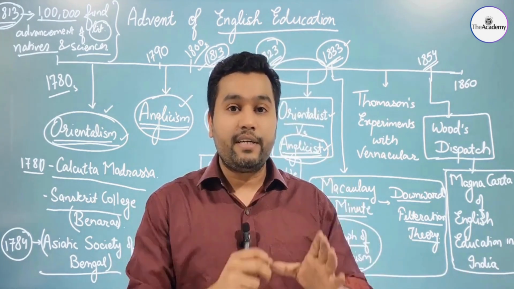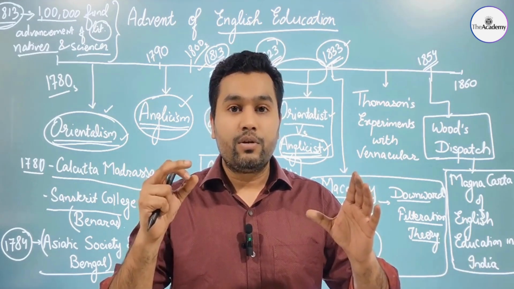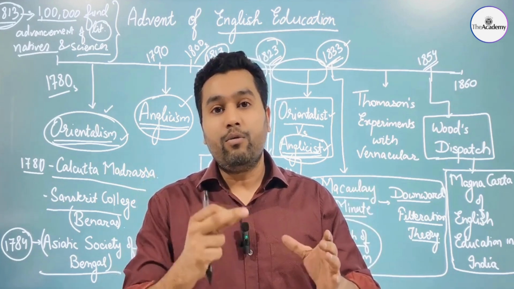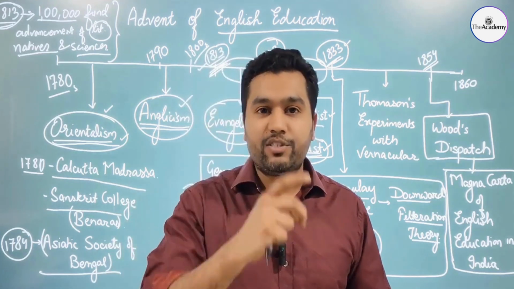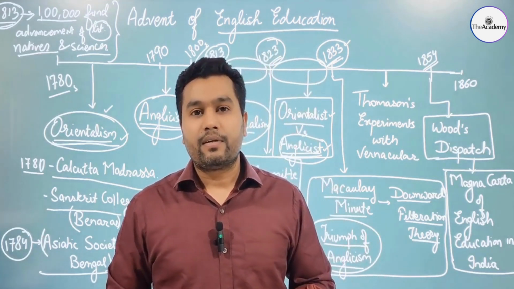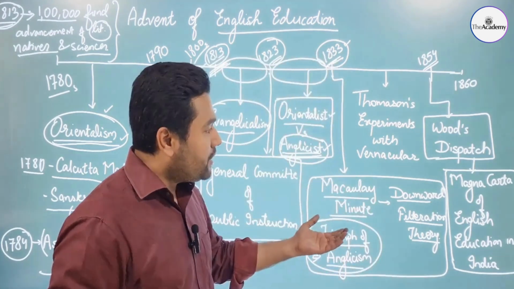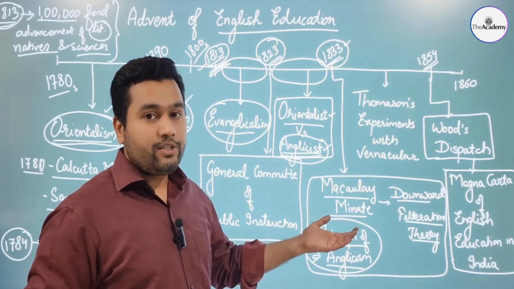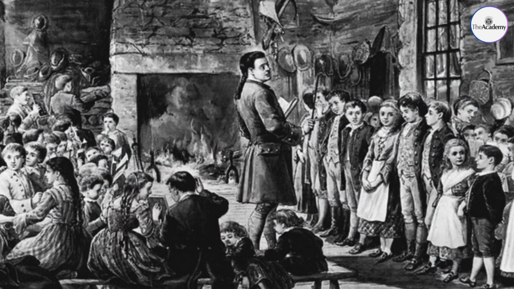Lord Macaulay stated that he wanted Indians who were brown in color, Indians in blood, but English in tastes. So this formed the basis of the English policy to introduce English education in India. That's it, that's via the Charter Act of 1833 and the Macaulay Minute.